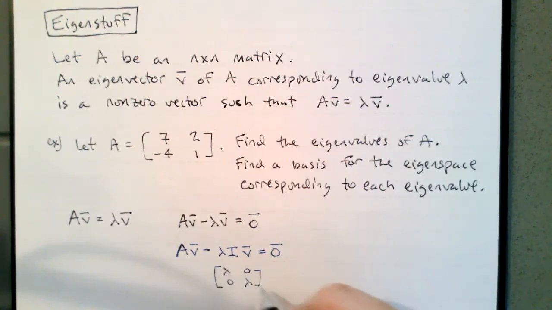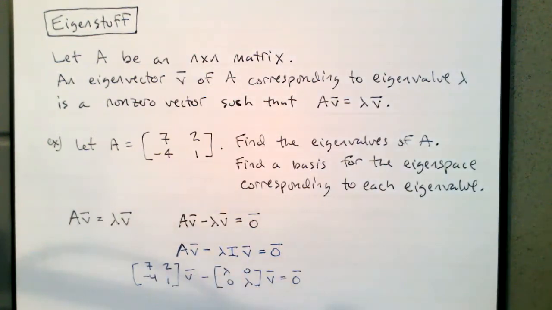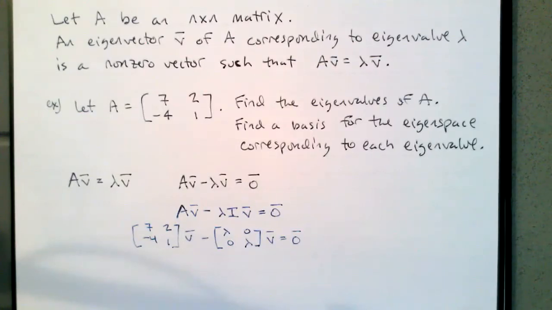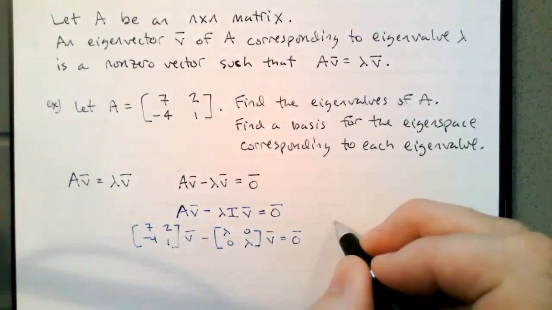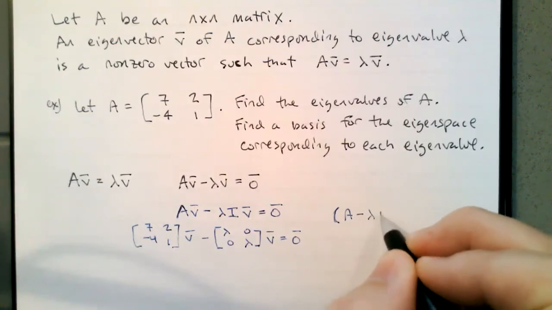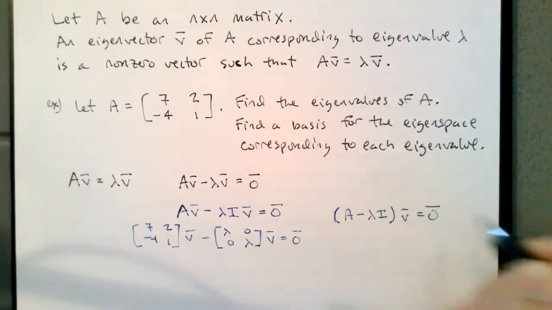There's the matrix lambda I. So now that I've inserted that identity matrix, I can factor out the V, and I can say A minus lambda times I times V is equal to the 0 vector.